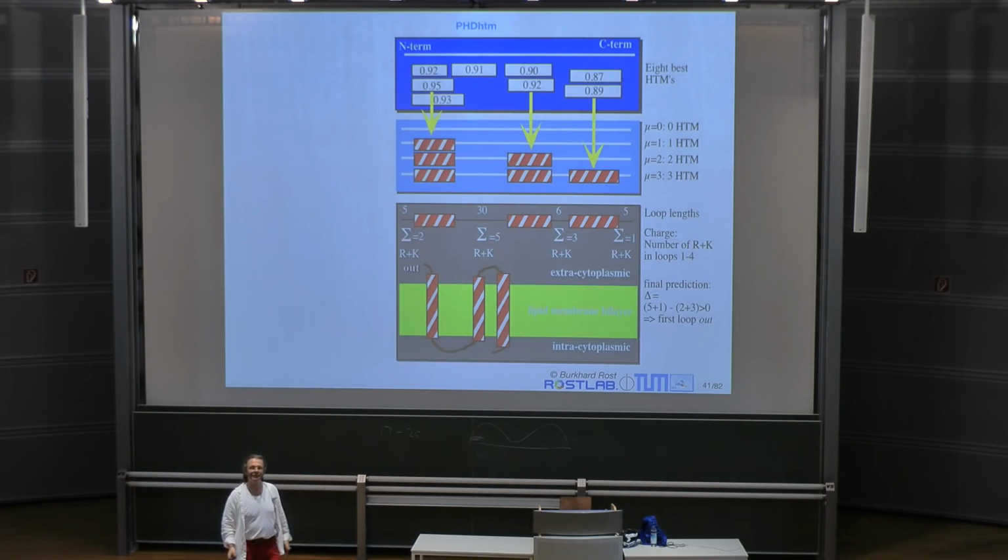Yes? If you just take the average score, doesn't it get biased against short sequences? No. If you take the sum, then that would be against short ones. But the average shouldn't be against short ones. If anything, it should be against large ones. Yeah, exactly, it should be biased toward short ones. Sorry, I misunderstood what he said.